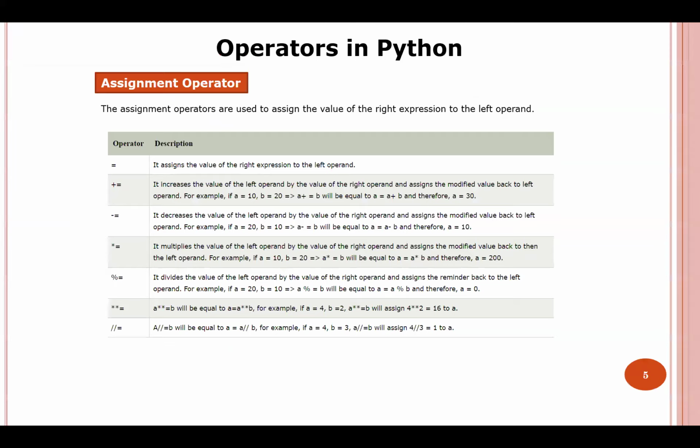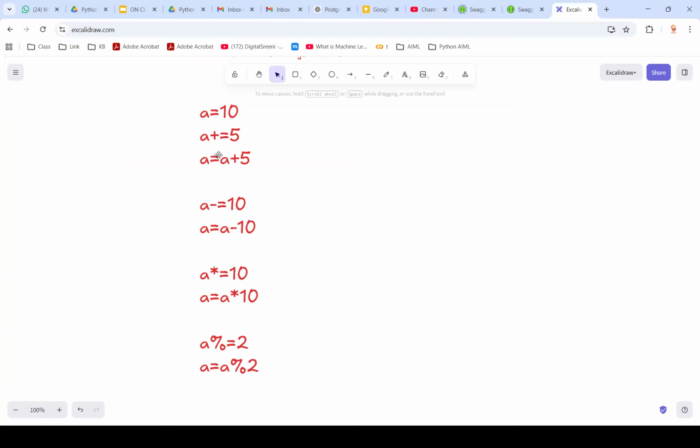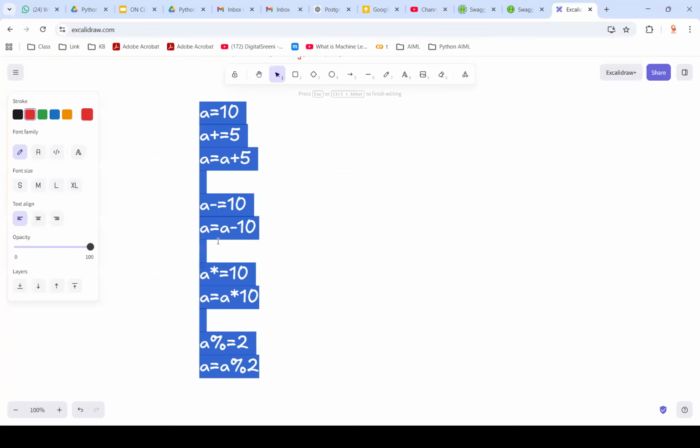So there are many different types of assignment operators. It is not mandatory that you have to use these kinds of assignment operators, because we already have a facility.